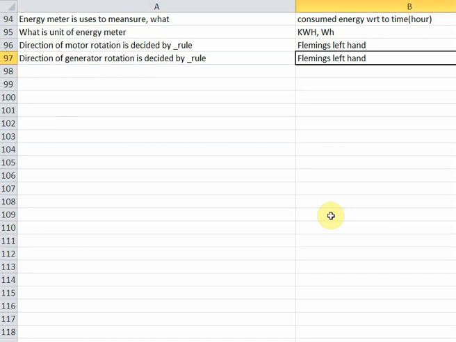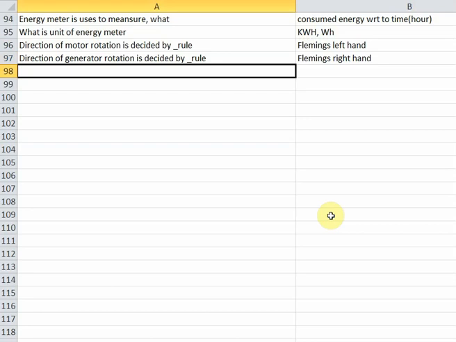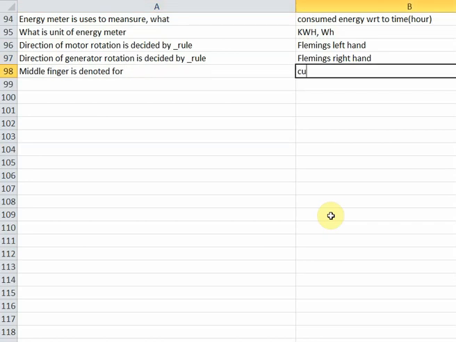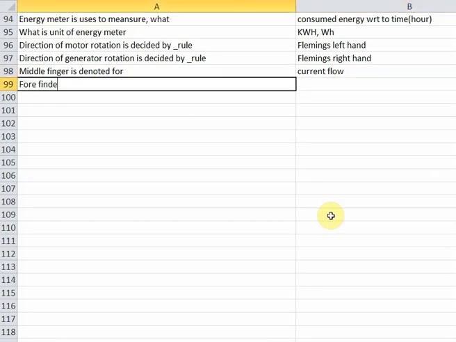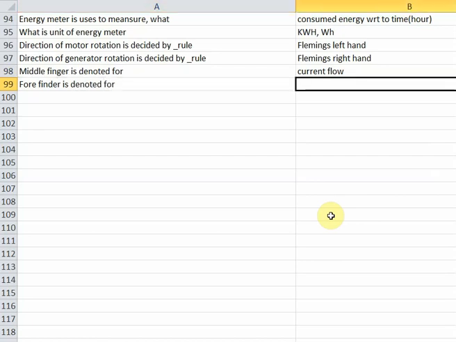So what is the easy-to-remember term I said? Good, nice. Okay, the middle finger is denoted for current. The forefinger is denoted for flux, magnetic flux or field.